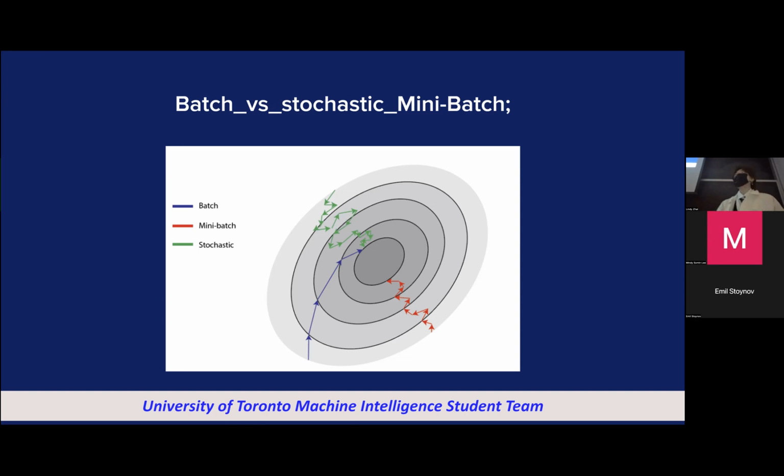Sometimes stochastic is also faster, just because you pick out every single point and you update so many times. It usually gives you a faster training result. But we use mini batch to produce a more generalized answer, because if you compare the green one and the red one, it's pretty obvious that it's much more generalized and it takes much fewer steps.